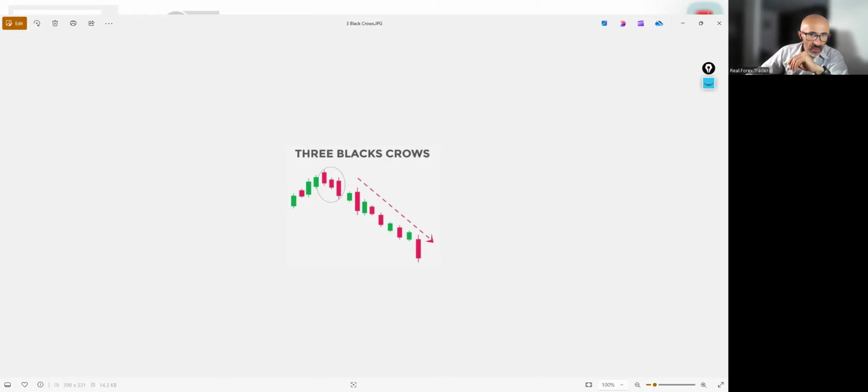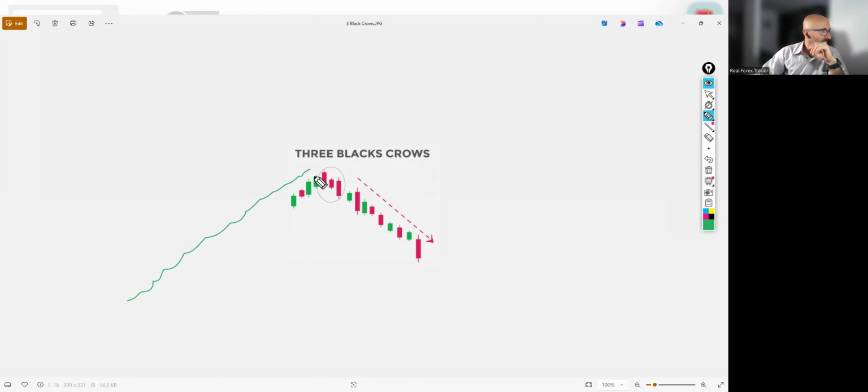Okay, so let's observe in this graph how the chart pattern looks. I can see here, for example, that this is a rally, right?